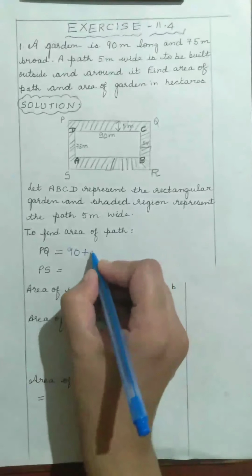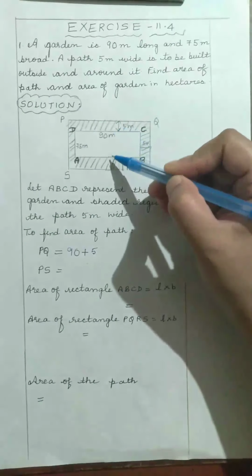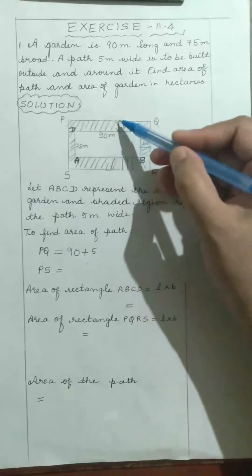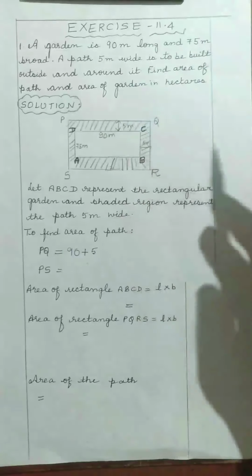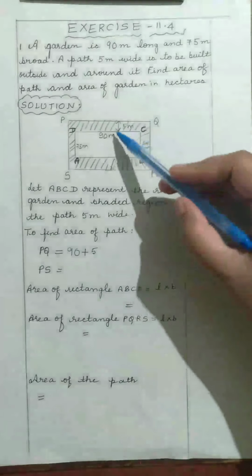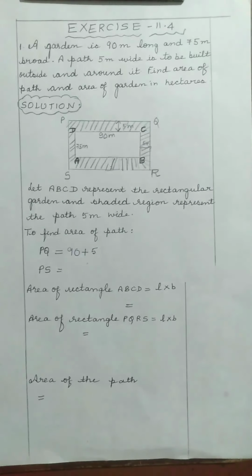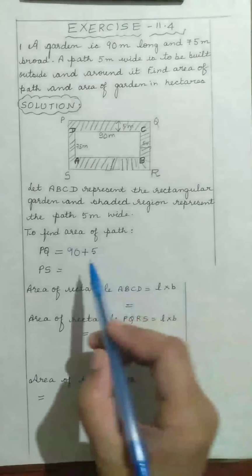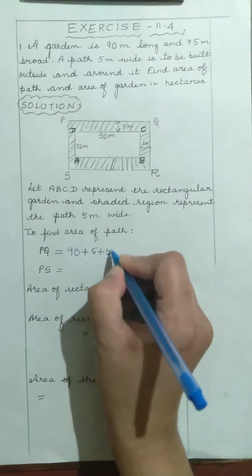That means plus 5. Plus 5, and again on both the sides also there is a path of 5 meter wide built outside and around the rectangular region. So we need to take this path 5 meter wide twice. Therefore 90 plus 5, and again plus 5.